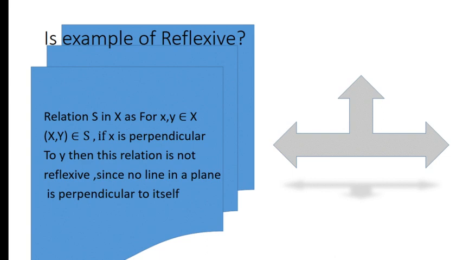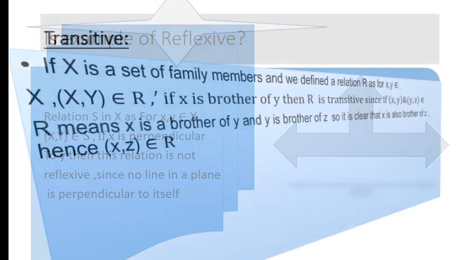Is this relation reflexive or not? No, this is not a reflexive relation, because no line in a plane is perpendicular to itself.